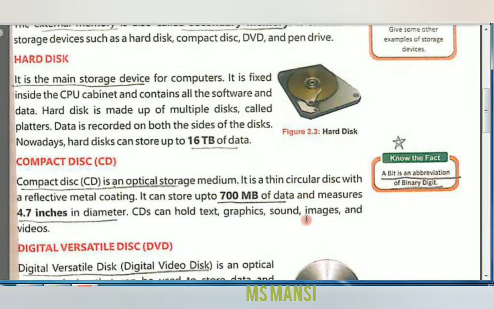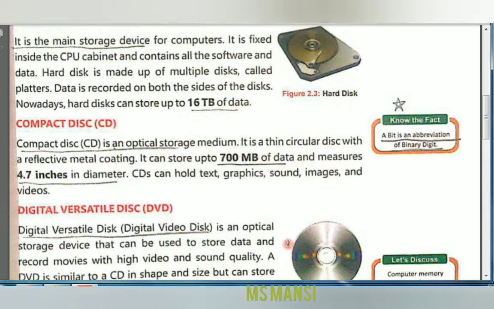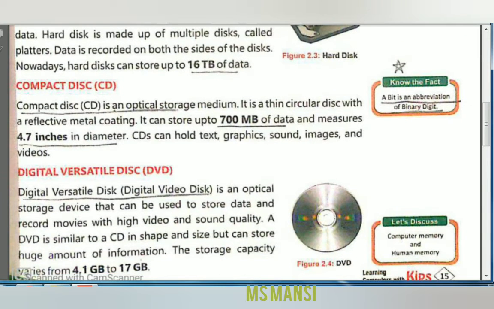Next is the compact disk. Compact disk is an optical storage medium, and it is a thin circular disk. CD is also like this, and it is thin, and has a reflective metal coating on it.